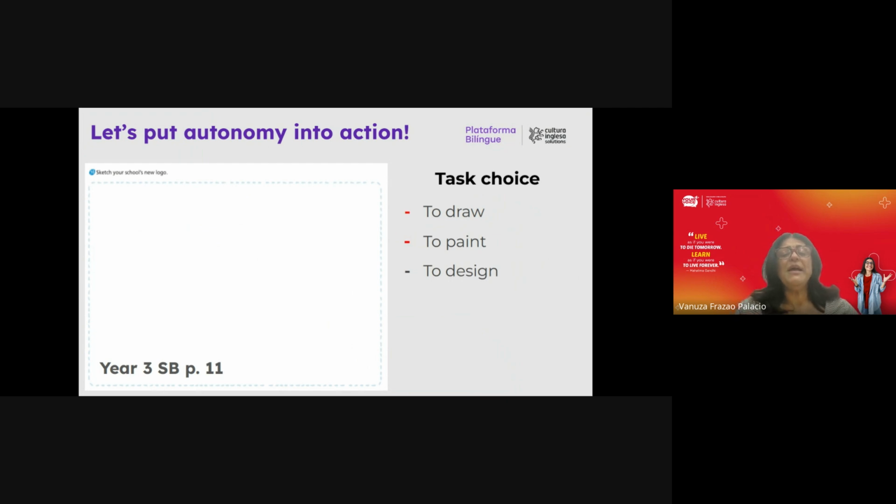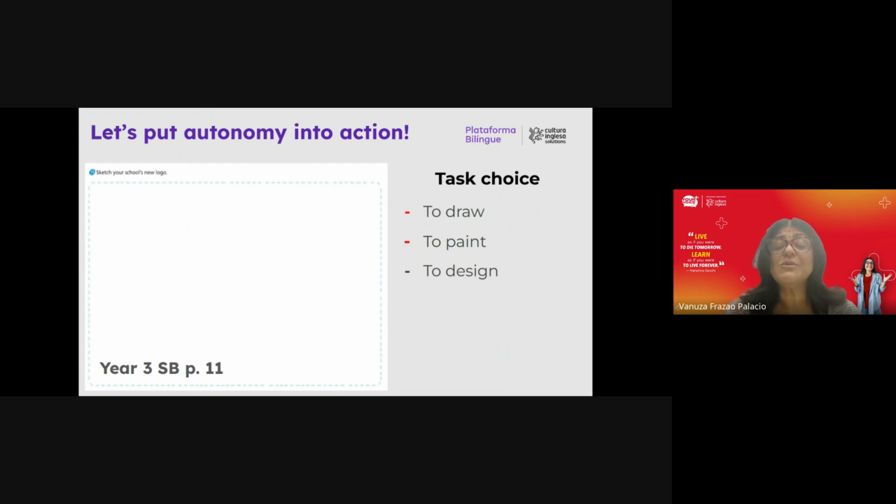So here we have some ideas. Students can draw as the activity suggests, or they can paint. They can paint on a board, they can paint on a cardboard, or they can use paint instead of coloring pencils, right?